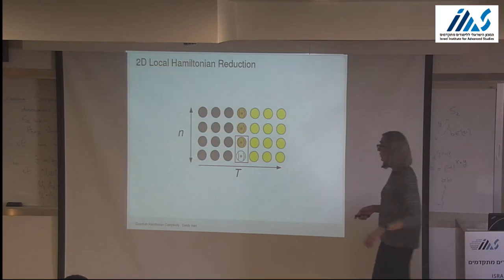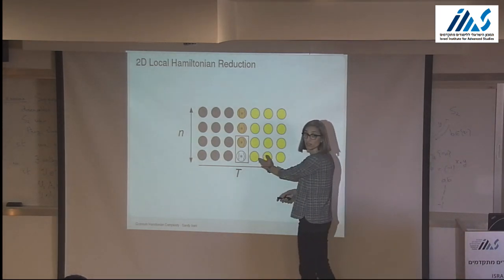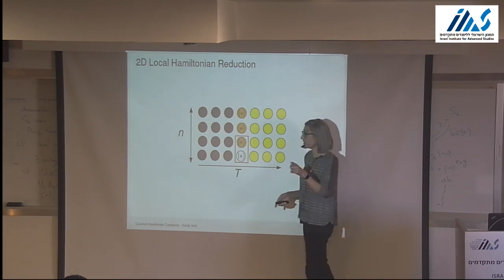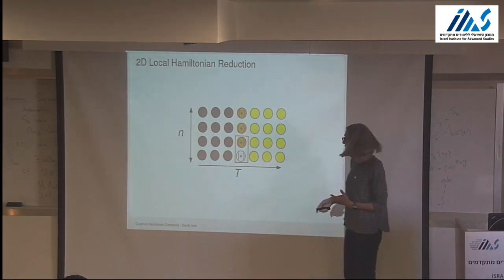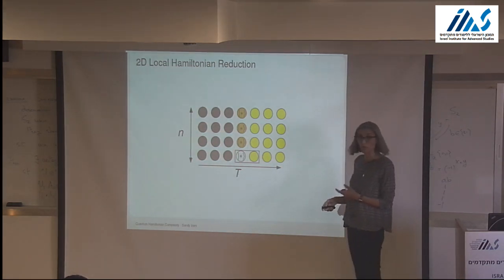And now we need to copy the qubits over, which is exactly what I think you were asking. So now the propagation term applies to these two. I copy the qubit over. I move up. I copy the qubit over. Does that help answer your question?